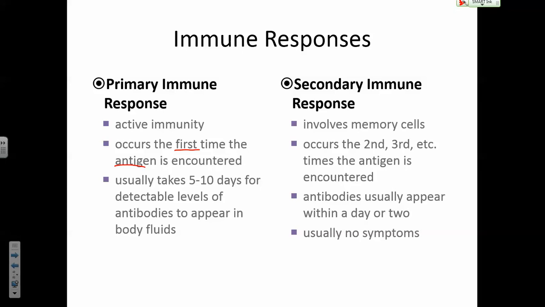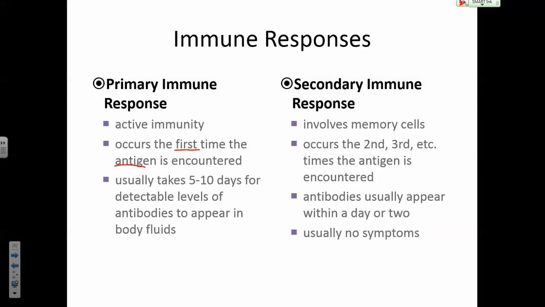The first time that antigen is encountered, you go through all that proliferation to form the clone, and it may take a week or so to build a big enough clone, especially with the B cells, so that enough antibodies appear in the body fluids to battle the pathogen that has antigen on it. And during that time, you may get symptoms of a disease. Hopefully you can build enough antibodies to fight it before it kills you. I mean, that's ugly, but that's the truth.